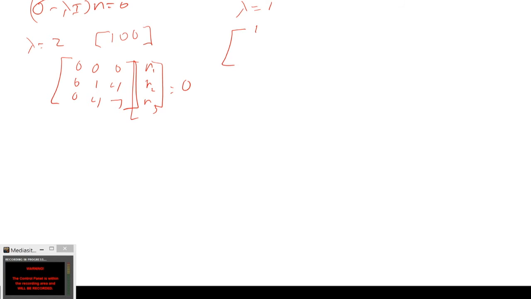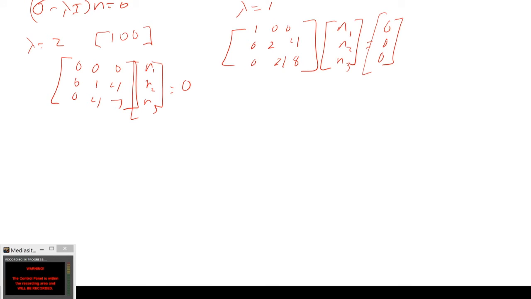We now have [1, 0, 0; 0, 2, 4; 0, 4, 8] times n1, n2, n3 equals 0, 0, 0. Let's multiply this out. n1 equals 0. That's easy enough. And the other two, we have 2n2 plus 4n3 equals 0, and 4n2 plus 8n3 equals 0.